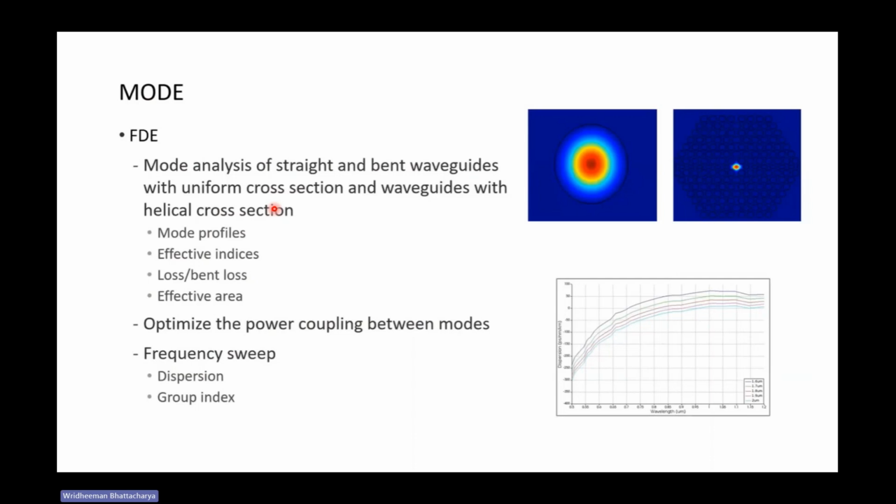These simulations hardly take 1 or 2 minutes, and after that, as the parameters get finalized, we can move on to FDTD. In FDTD, as the wavelength and the mesh size get decreased, it could take a huge time, approximately even 1 day.